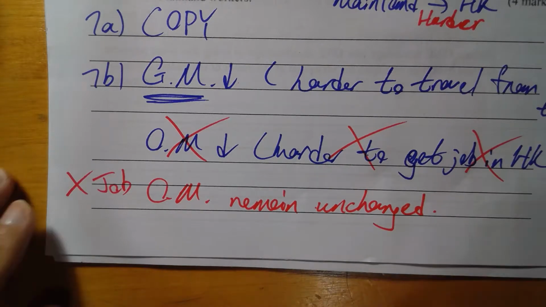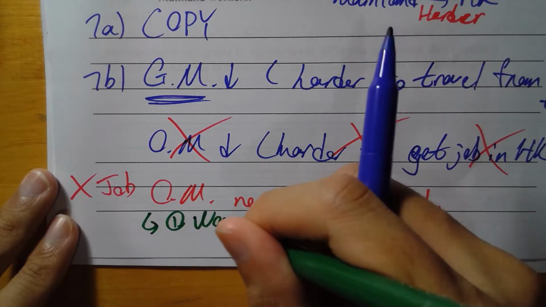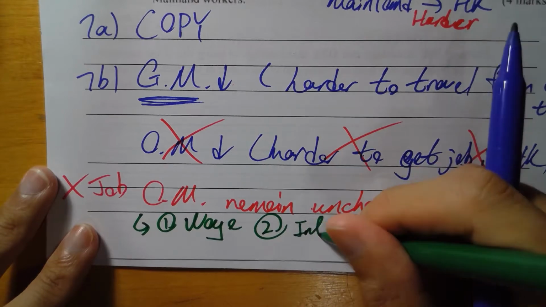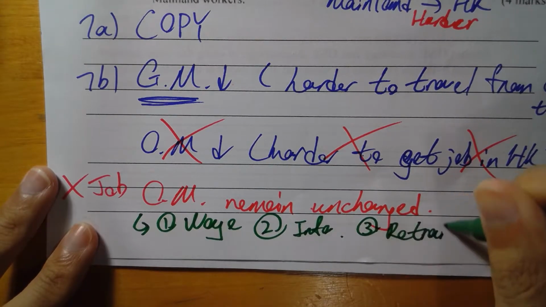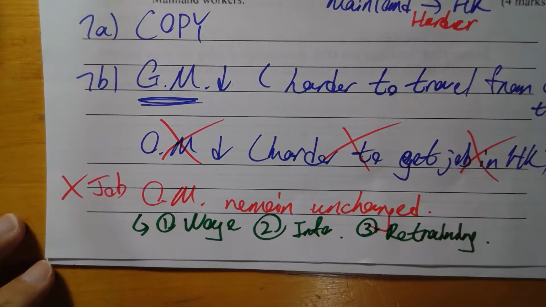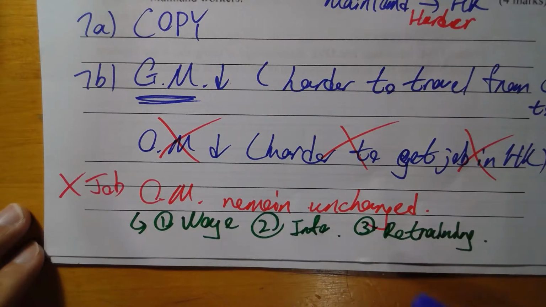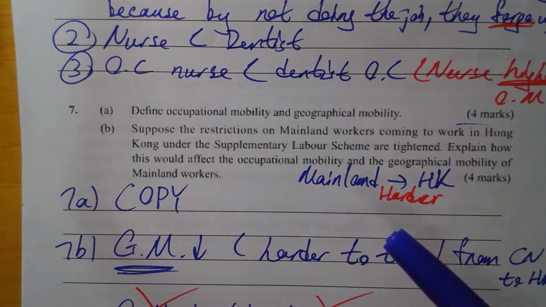Now, remember, what would affect occupational mobility? For example, we have wage, and then we have information. 記唔記得啊？Information, retraining, those kind of things. Now, none of it was affected by this tightening. This one only makes it harder to travel. It doesn't make it harder for you to change from a doctor into a teacher, for example. Okay?